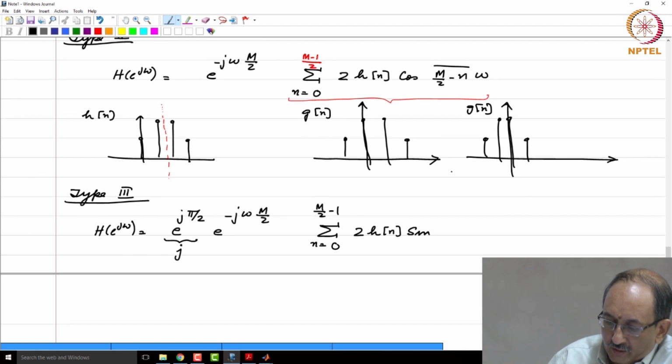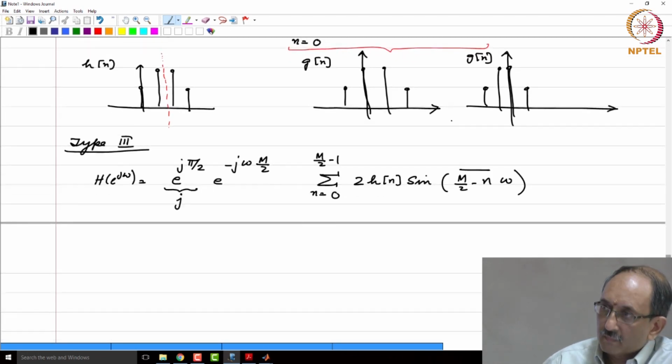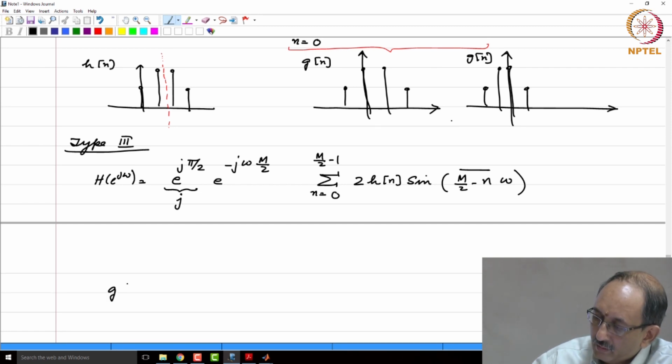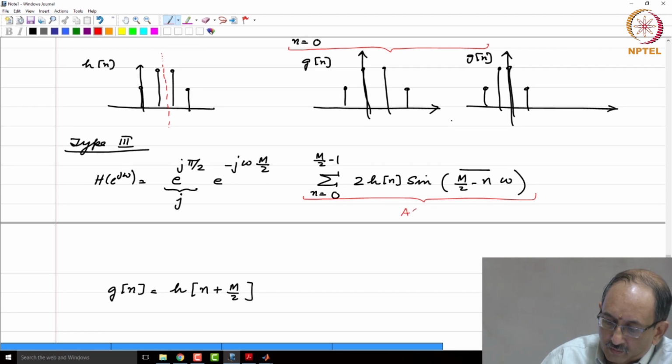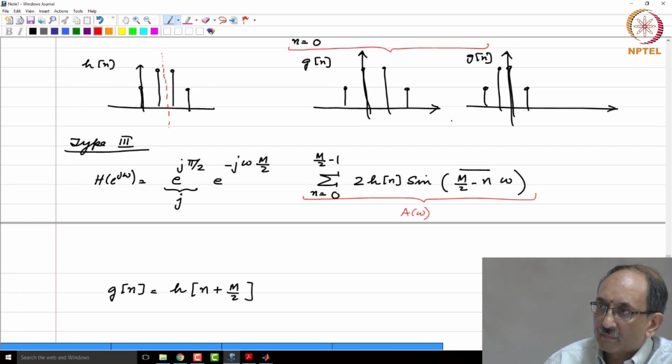So, this is 2 times h of n times sine of m by 2 minus n times omega, and similar to the type 1 case, if you define g of n to be h of n plus m by 2, then you do have a filter g of n that has frequency response given by A of omega.